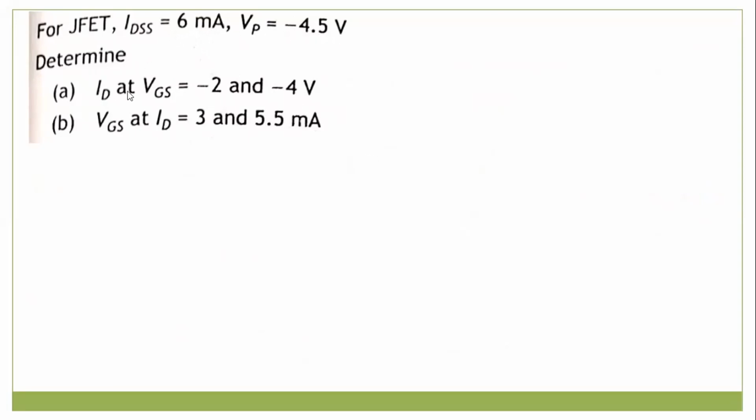We need to determine the ID value at VGS equal to minus 2 and minus 4.